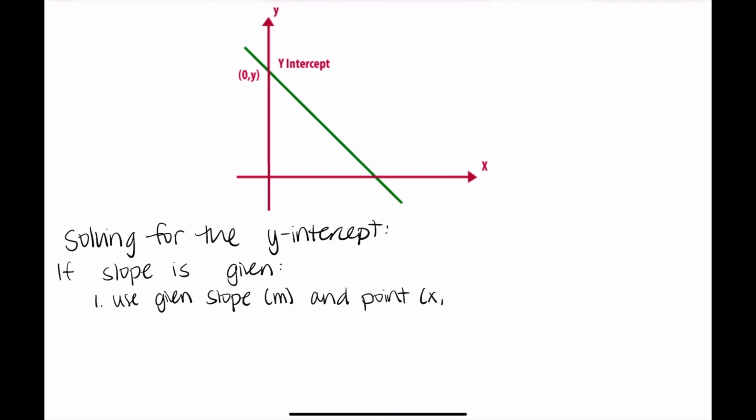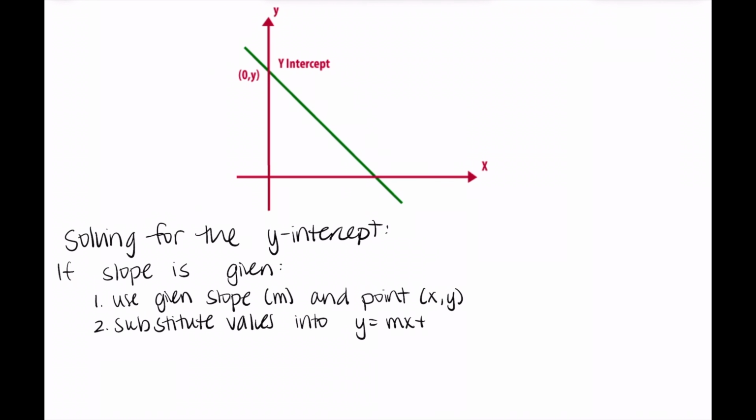Then we would substitute the values into slope-intercept form, y equals mx plus b. We substitute in for the m, the x, and the y, because of the coordinates. When we do that, we have one variable. Then for step 3, we solve for b. Those are the steps if you are given a point and the slope.